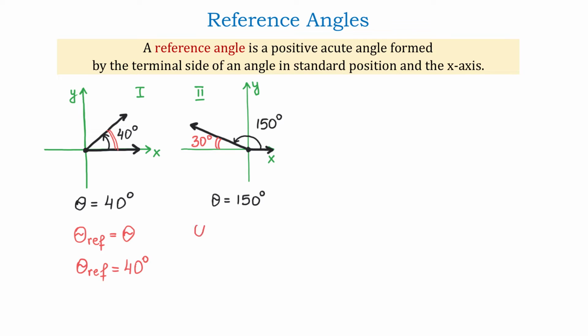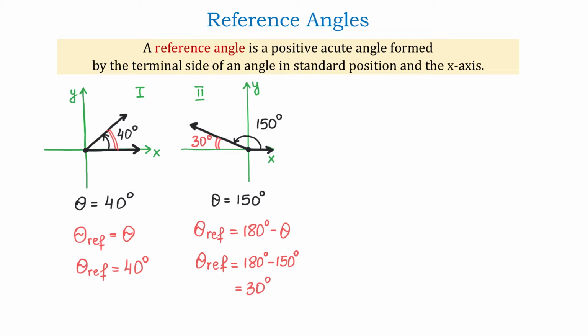So the measure of the reference angle in quadrant 2 is 180 degrees minus angle theta. And when theta is 150 degrees, then 180 degrees minus 150 degrees equals 30 degrees.